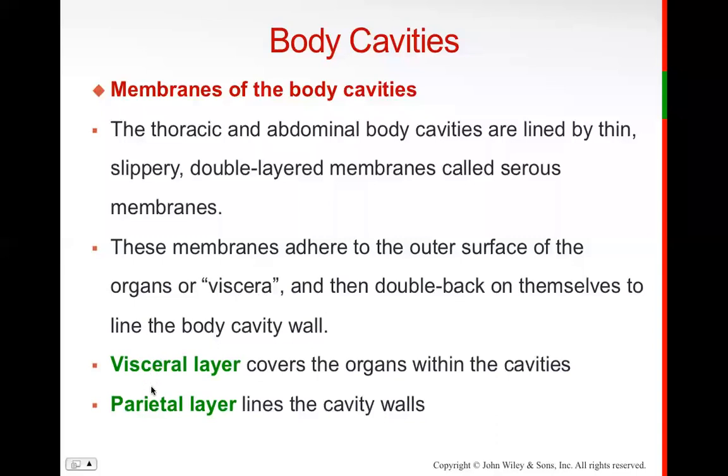So you can think of it, say, pretend your fist is your heart. This is a good size, right? And if you're pushing it into sort of a balloon that has lost some air, and you put your fist inside of this balloon, the part that's touching your hand or your fist is going to be the visceral layer, and the outer layer separated by that layer of air is going to be the parietal layer, which would normally be touching the cavity wall, if you can think of it that way.